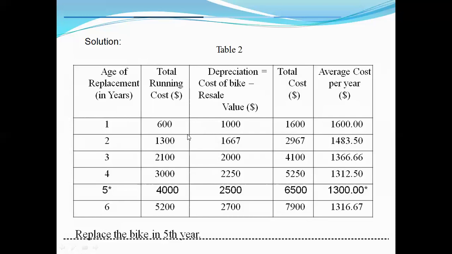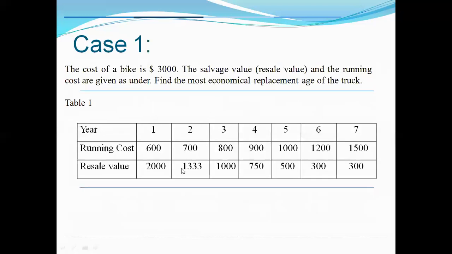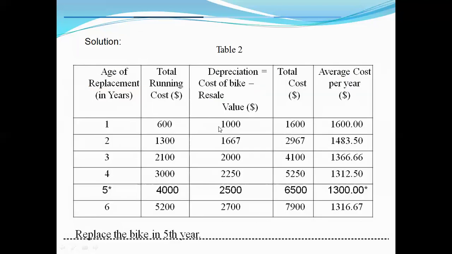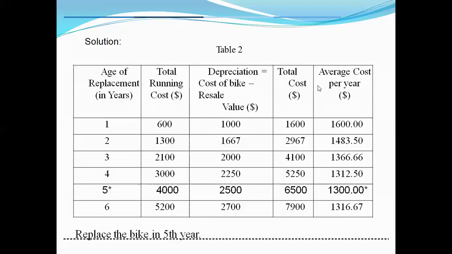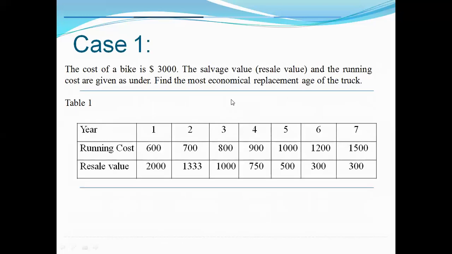All right. In the first year, the total running cost is 600 rupees, and depreciation is the cost of the bike minus the resale value.